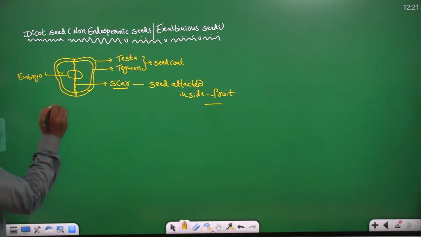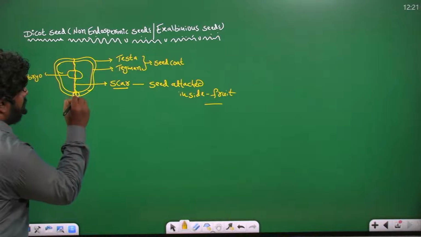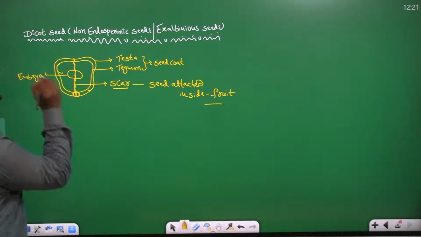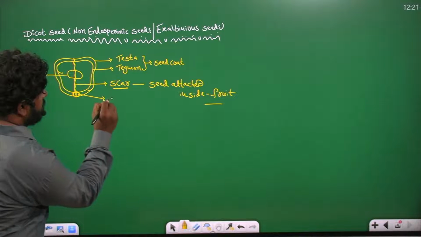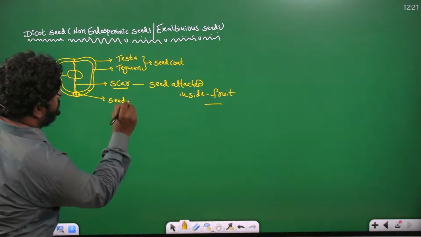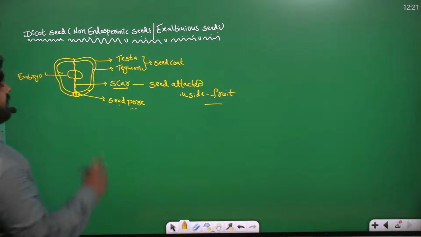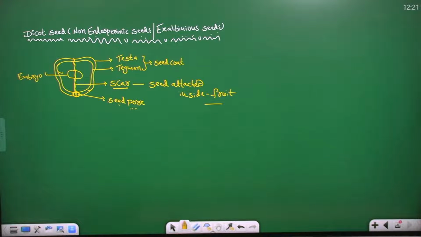And see, listen, a small pore is present in the structure of the dicot seed. This pore is called the seed pore. A small, minute, tiny pore is present in the dicot seed. That pore is called the seed pore.